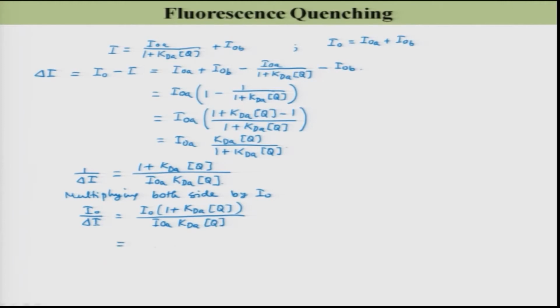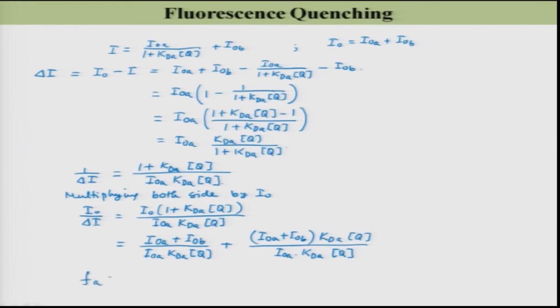So, if you just simplify this and proceed, after rearranging, what you will get is I0A plus I0B divided by I0A K dA into Q, plus I0A plus I0B divided by I0A K dA into Q. Let us assume that Fa, this fraction, is equal to I0A divided by I0A plus I0B.